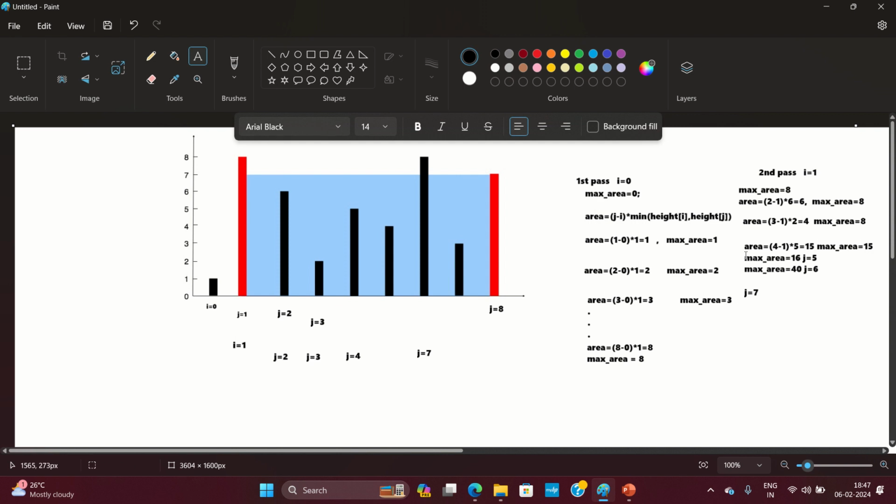So 48 will be stored here. And secondly, when j is equal to 8, max area will be among these two.